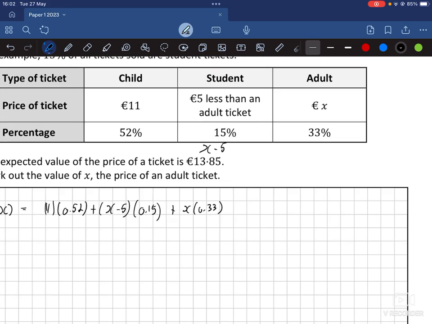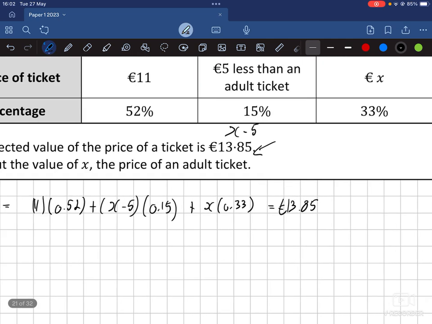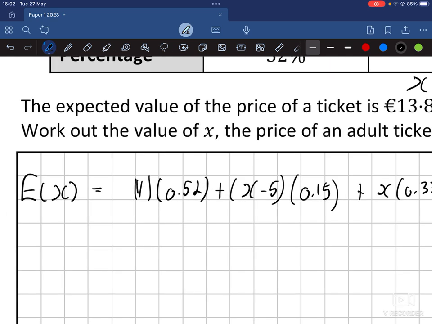And we actually know that this is equal to €13.85. So now what we're going to do is just multiply this out. I better do it step by step. So 11 by 0.52 is 5.72.